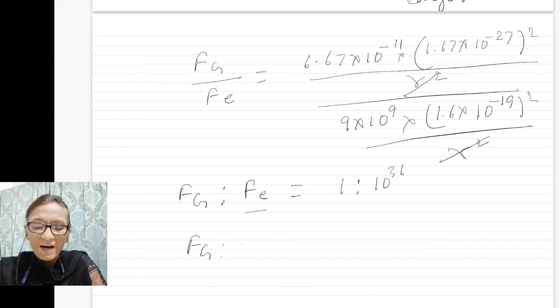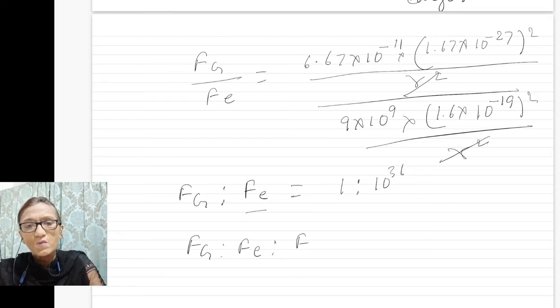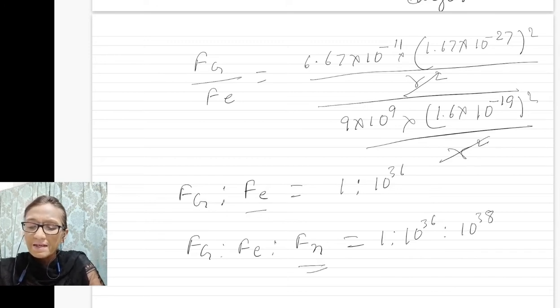Now when you find the ratio of all three forces under consideration, gravitational force, electric force and nuclear force, the ratio becomes 1:10 to the power 36:10 to the power 38.